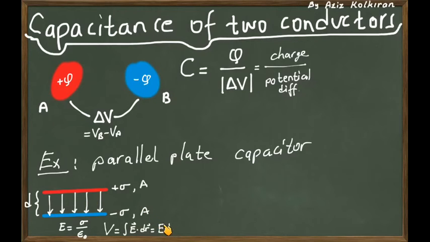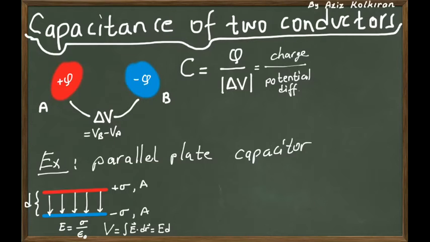From this, you can easily calculate the potential difference as E times d. d is the distance between the plates, and the electric field is sigma divided by epsilon 0. So this is the potential difference, E times d. And the charge is sigma times A, right?